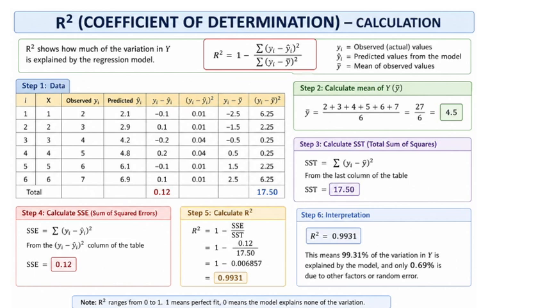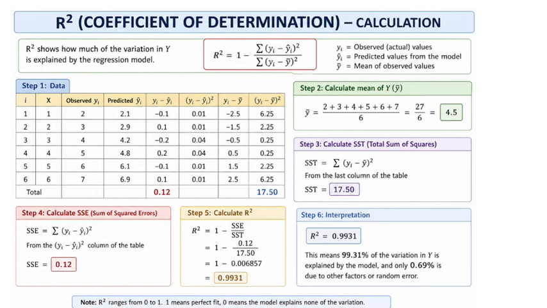The predicted value is y cap, and the observed value is y. We square these differences and sum them all, and that becomes the sum of squared errors.